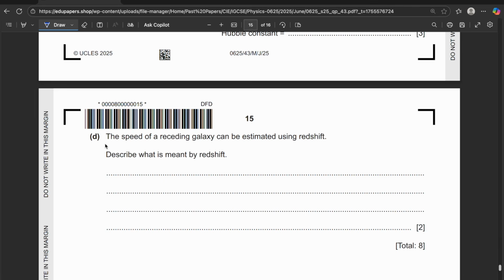The speed of a receding galaxy can be estimated using redshift. Describe what is meant by redshift.